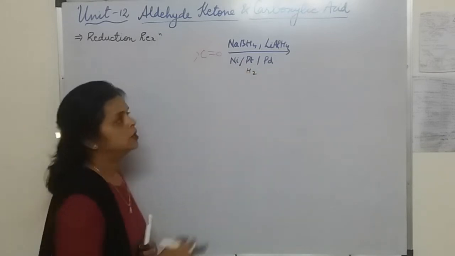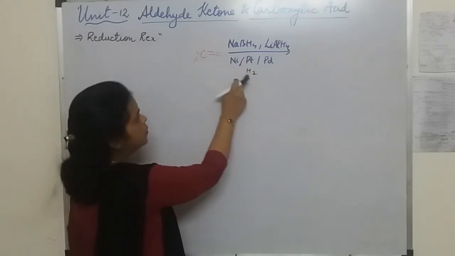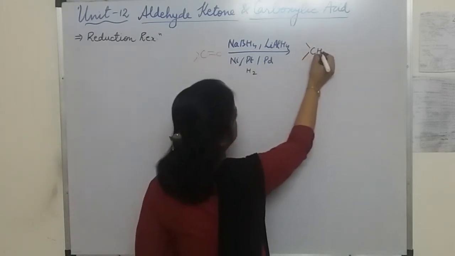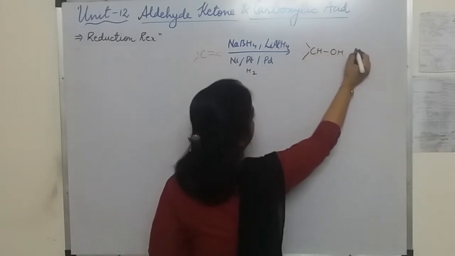So one H gets attached here, one H gets attached here, and what we are getting? CHOH, and this is alcohol.